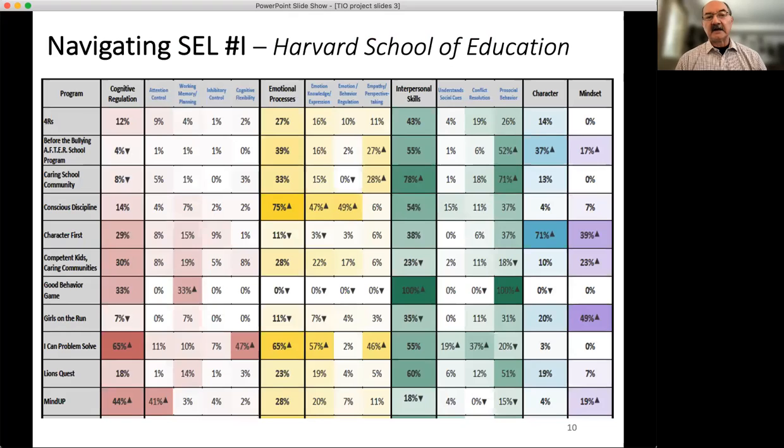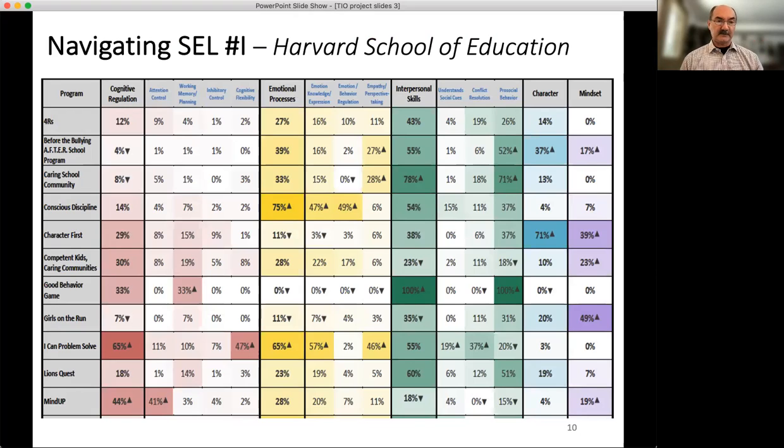Here's an example, our final slide, which shows you that programs, even in the SEL realm, are not all built the same. And so having data about what you need is crucial to be able to pick a program with the strengths that you need.